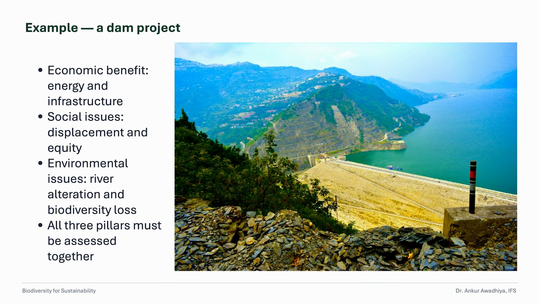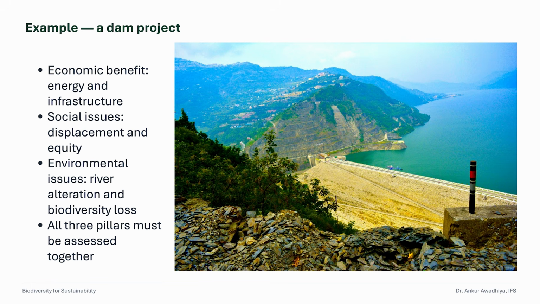Let us consider a dam project. Economically, it may provide energy, irrigation, and infrastructure. Socially, however, it may create displacement of local communities, unequal distribution of benefits, and conflicts over land and water.